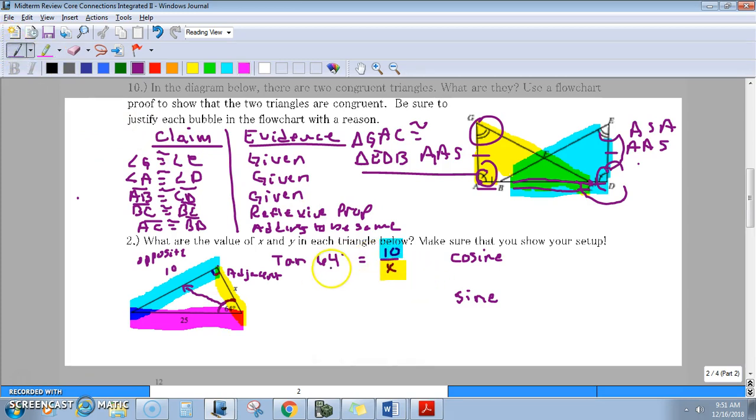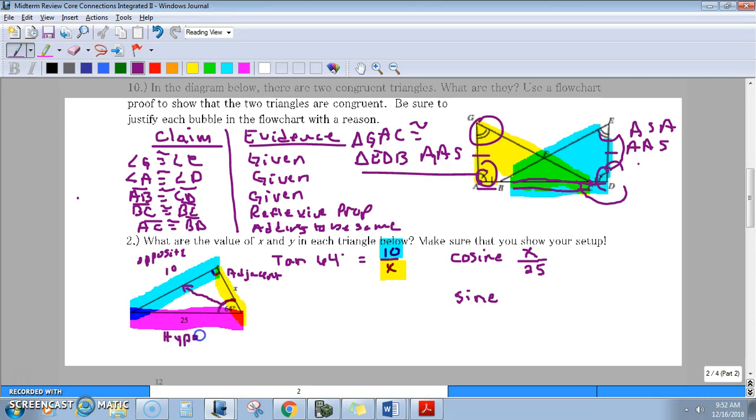Let's use pink. The tangent is the blue over the yellow. The cosine is the adjacent, which would be x, over the hypotenuse, which is 25. That's what we call this side: the hypotenuse.